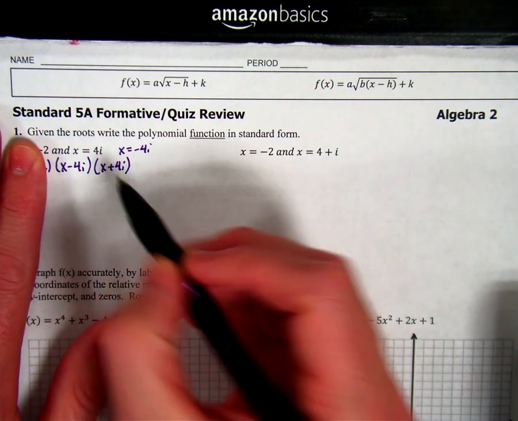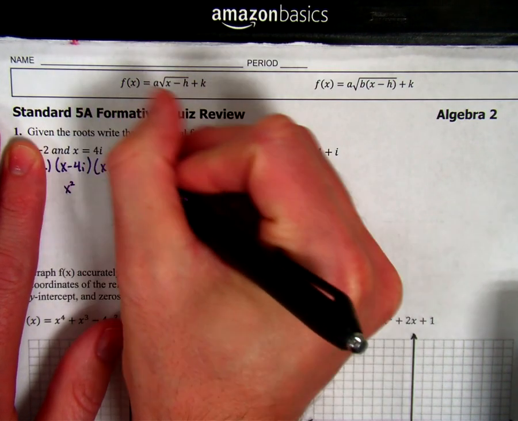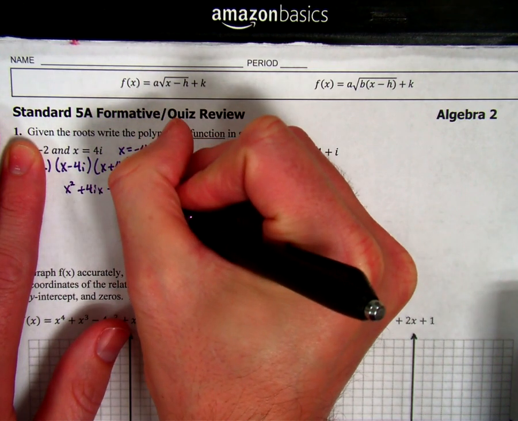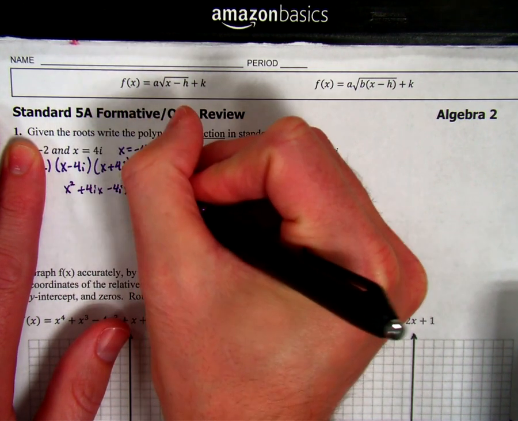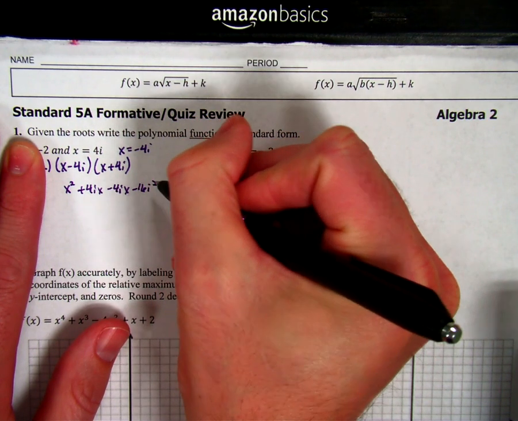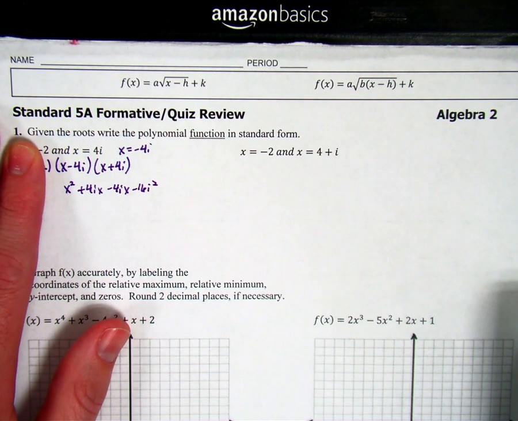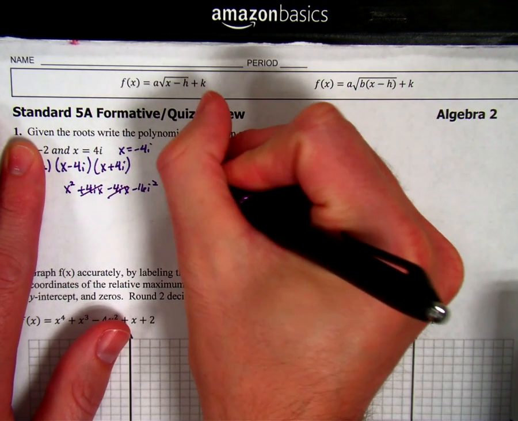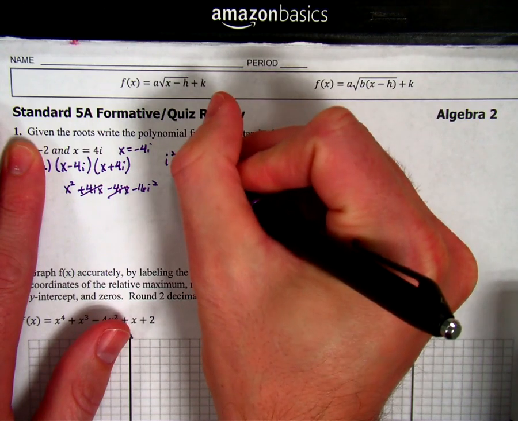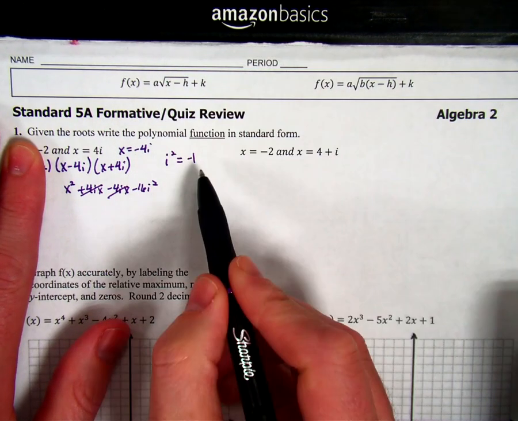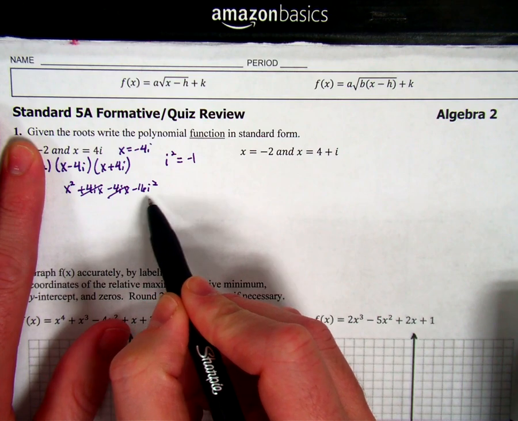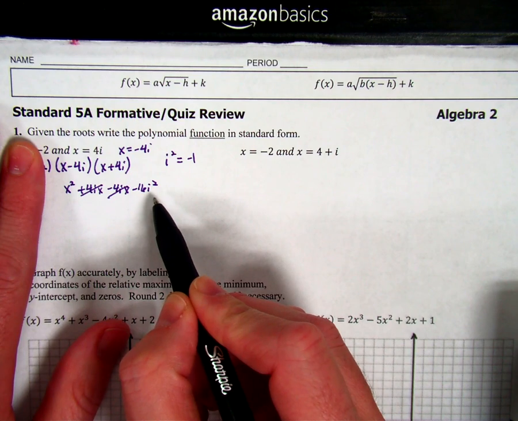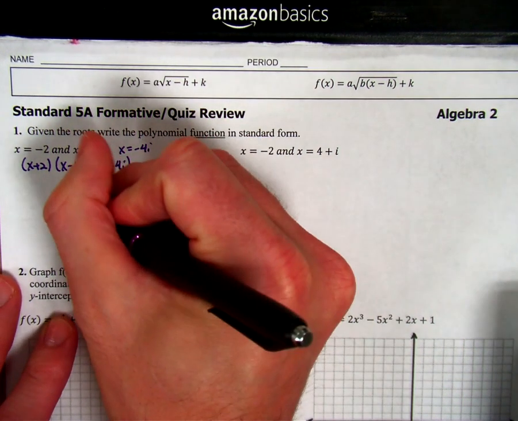We're going to have x times x for x squared plus 4ix minus 4ix, and then negative 16i squared. Plus 4ix minus 4ix will cancel out. Remember that i squared equals -1. So negative 16i squared, that's negative 16 times -1, we'll flip that back to positive 16.